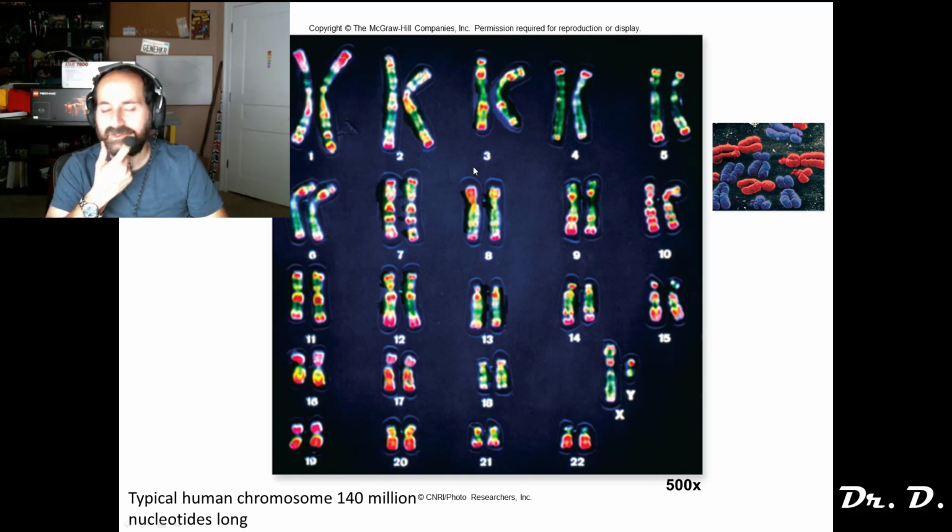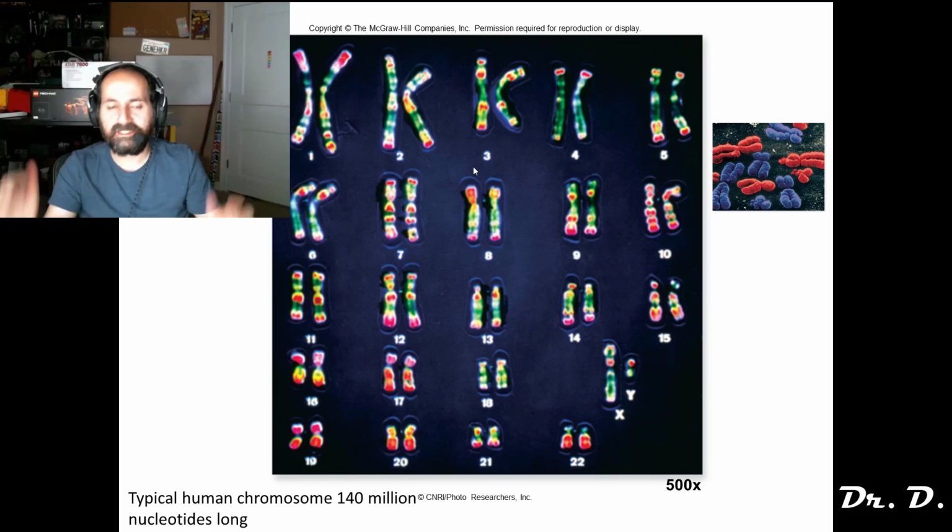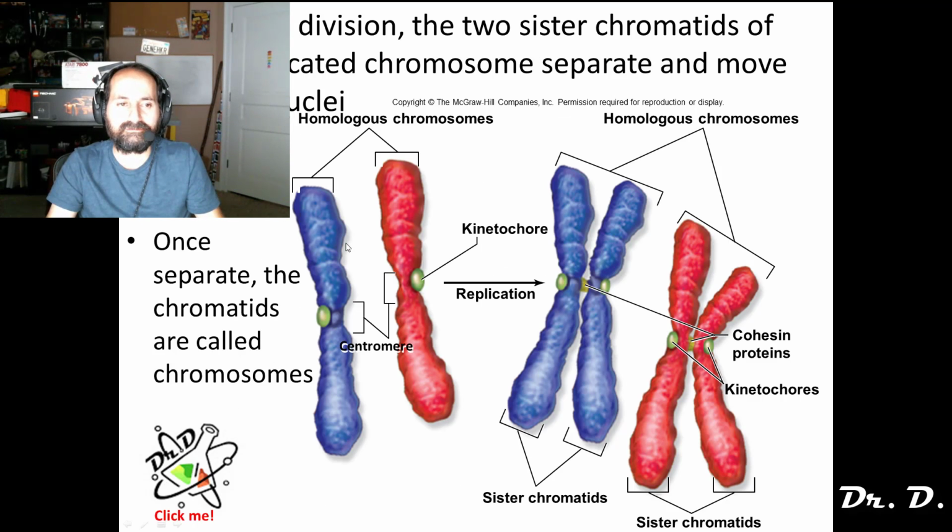So your 46 chromosomes effectively becomes how many chromosomes? Well, 46 times 2 is 92. You're going to make 92 total chromosomes, because you've taken your homologous chromosomes and copied every single chromosome.